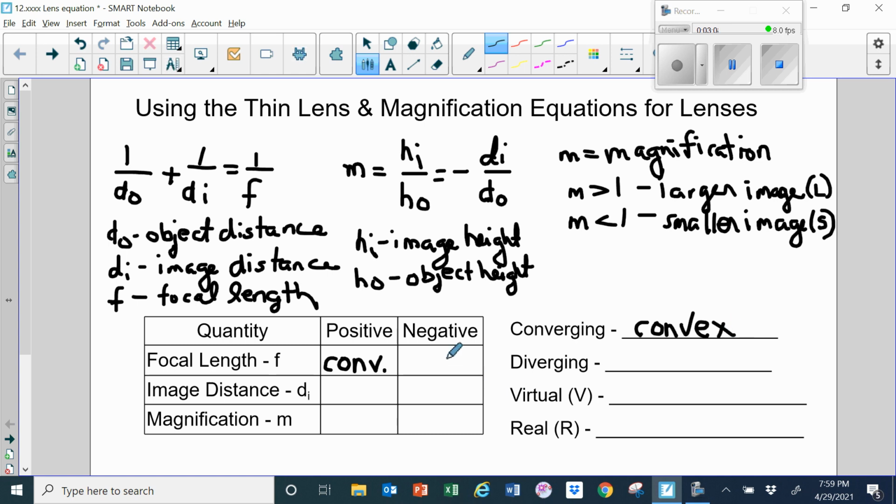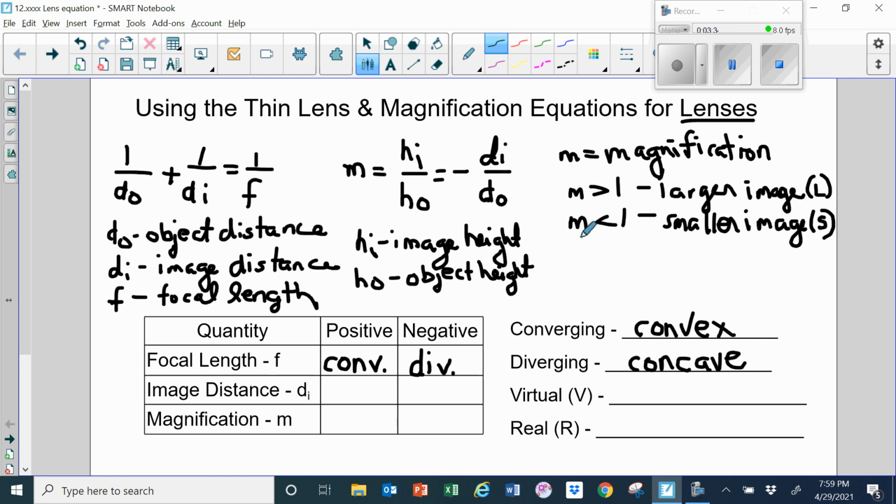Now if the focal length is negative, then the lens is diverging, and a diverging lens is concave. And remember, I'm not speaking about mirrors here. I'm speaking only about lenses.